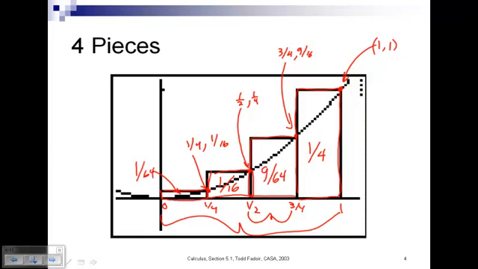And I declare that 1/64 plus 1/16 plus 9/64 plus 1/4 is a reasonable estimate of the area under that curve.